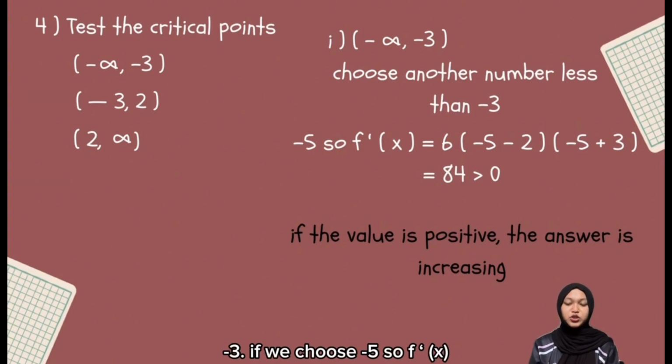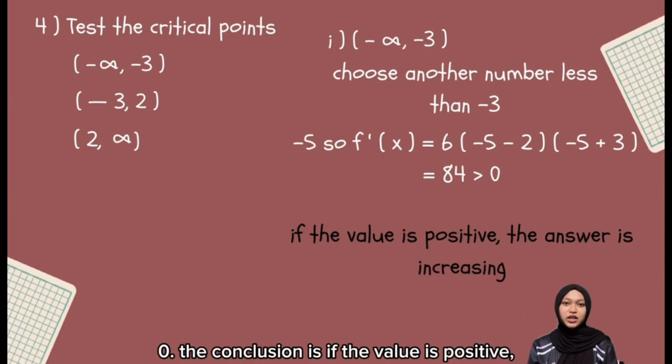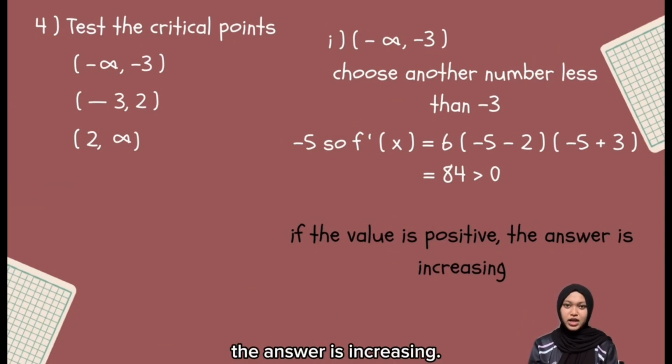So if we choose -5, then f'(x) equal to 6 in bracket -5 minus 2 and another bracket -5 plus 3. So we got the answer is 84. 84 is greater than 0. So the conclusion, if the value is positive, the function will be increasing.